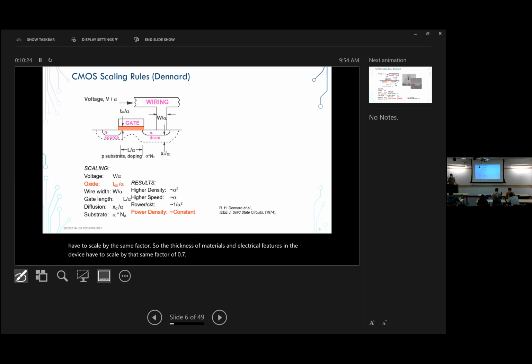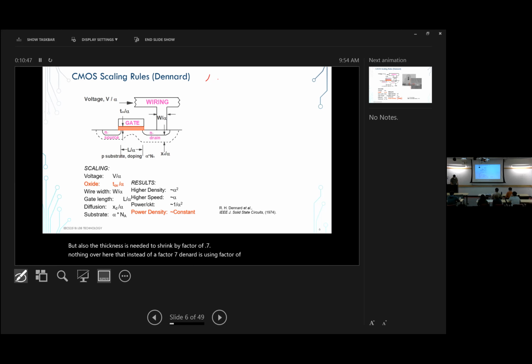In order for this to happen, it's not just gate lengths and widths that needed to shrink by a factor of 0.7, but also the thicknesses needed to shrink by a factor of 0.7. Notice over here that instead of a factor of 0.7, Dennard is using a factor of alpha.